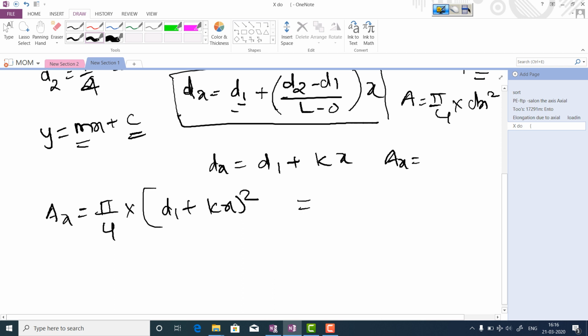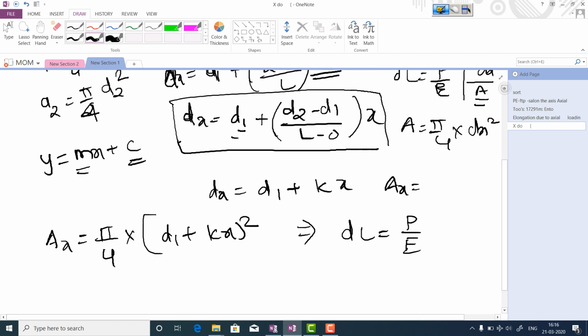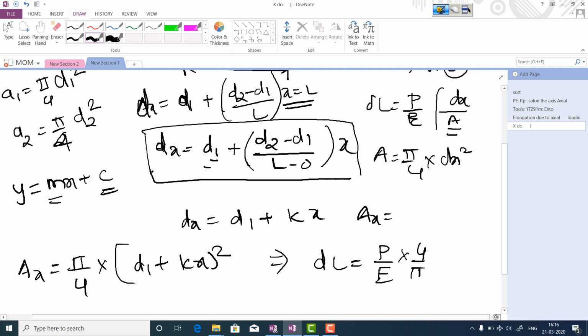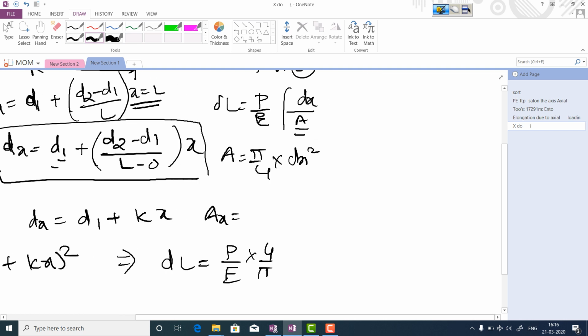Now delta L will become P by E, and here A will become as 4 by pi, integration of dx upon d1 plus kx whole square.